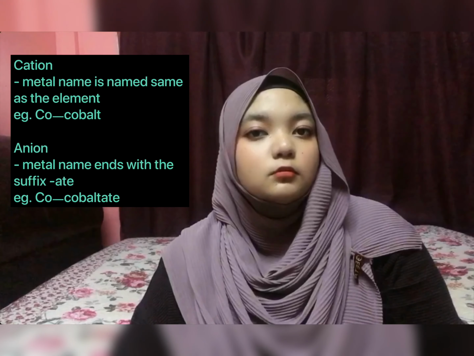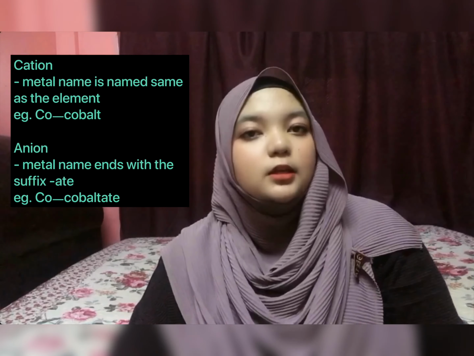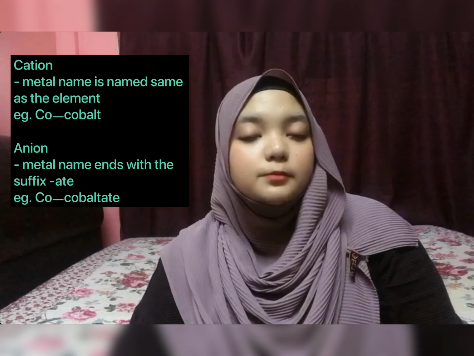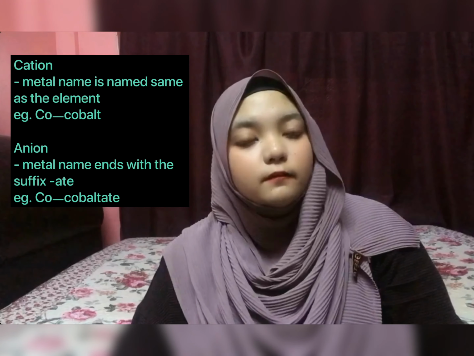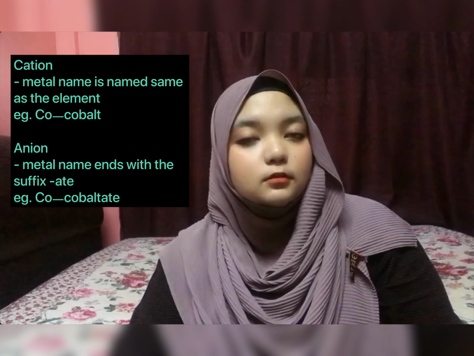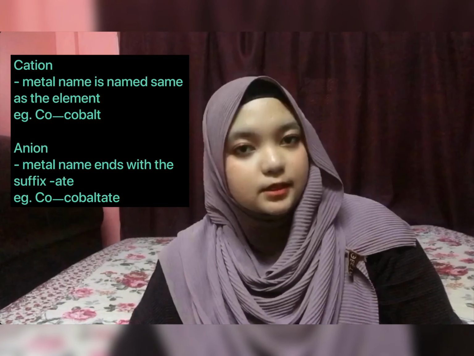For example, Co is cobalt, Pt is platinum. If the complex ion is an anion, the name of the metal must end with the suffix ate. For example, Co is cobaltate, Pt is platinate.